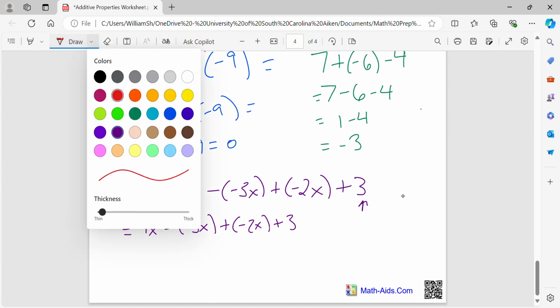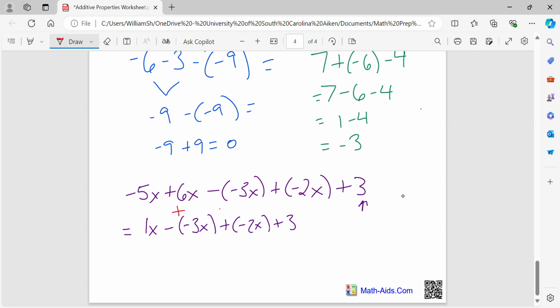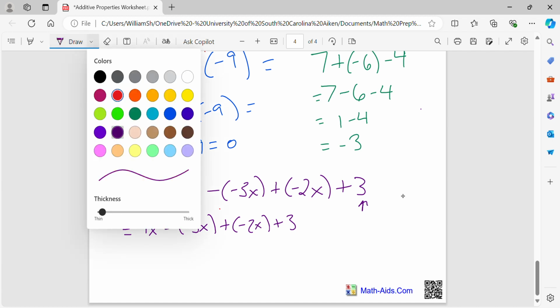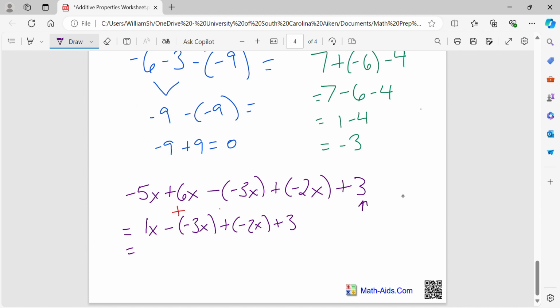But this minus a negative here, we know that a minus a negative should turn into a positive. Okay? So I'm going to update that. This is the same thing as 1x plus 3x plus negative 2x plus 3.